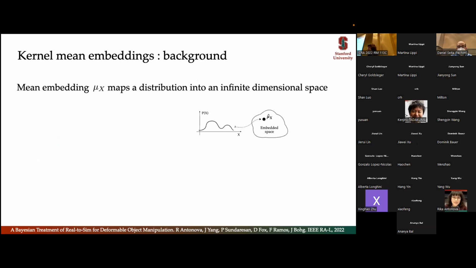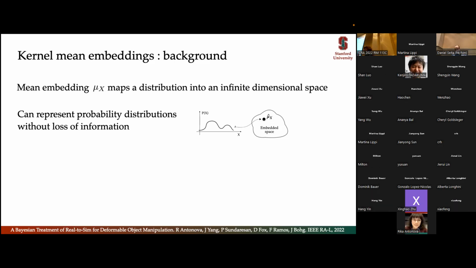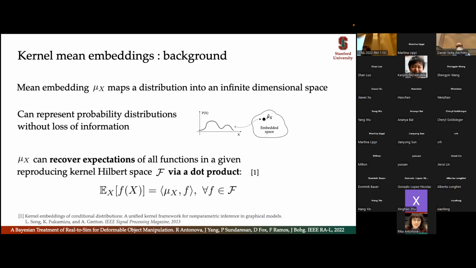So ultimately, we're going to be relying on what is called the kernel mean embedding. And this is something that would help us to find the embedding map into this infinite dimensional space. And we can represent the probability distributions in this way without the loss of information. Effectively without the loss of information.